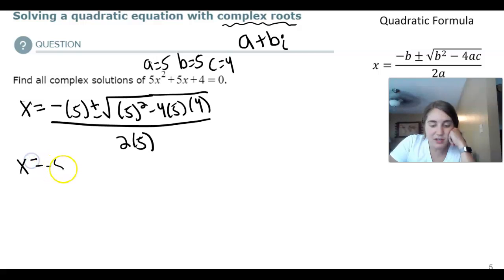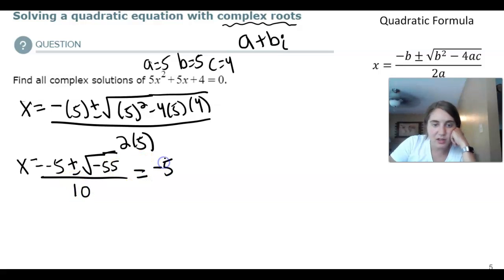So we end up with -5 plus or minus, everything under the square root becomes a -55, all over 10.